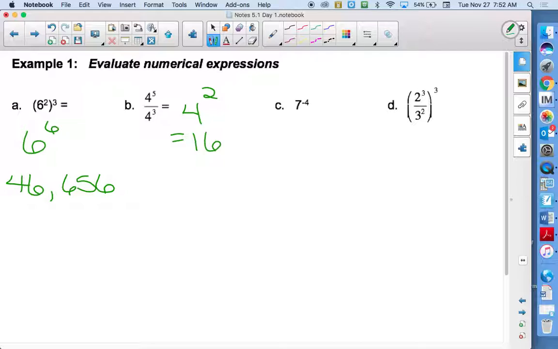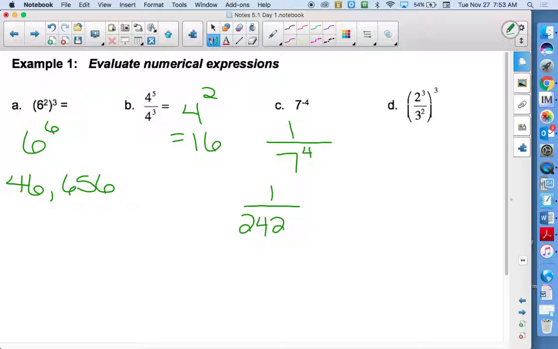Letter C, we have 4 to the negative 4. Mackenzie, what do we do with, or 7 to the negative 4, not 4 to the negative 4. 7 to the negative 4, what do we do there? You'd have to make it 1 over 7 to the 4th. And then if you just put 7 to the 4th in your calculator, because we don't want to get a decimal here, what is 7 to the 4th? 2,401.